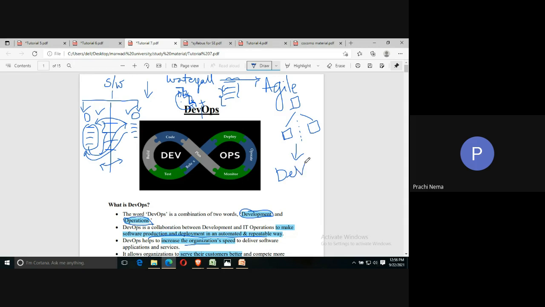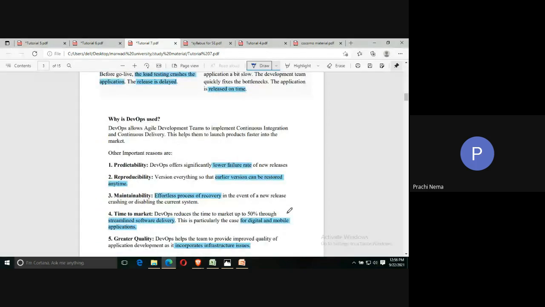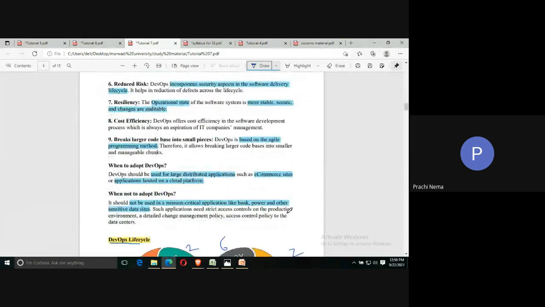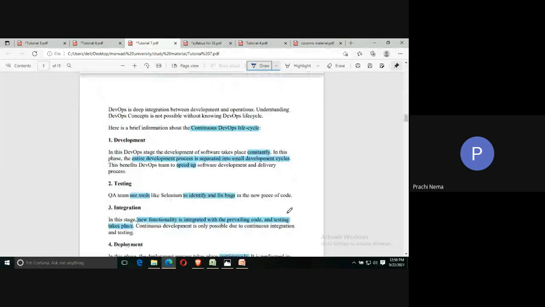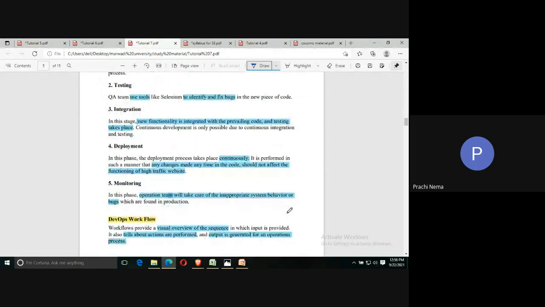So this is how the technology has shifted from waterfall model to agile and from agile to DevOps. This is all what I have explained over here: the comparison, the characteristics of DevOps, and then the explanation of each phase.